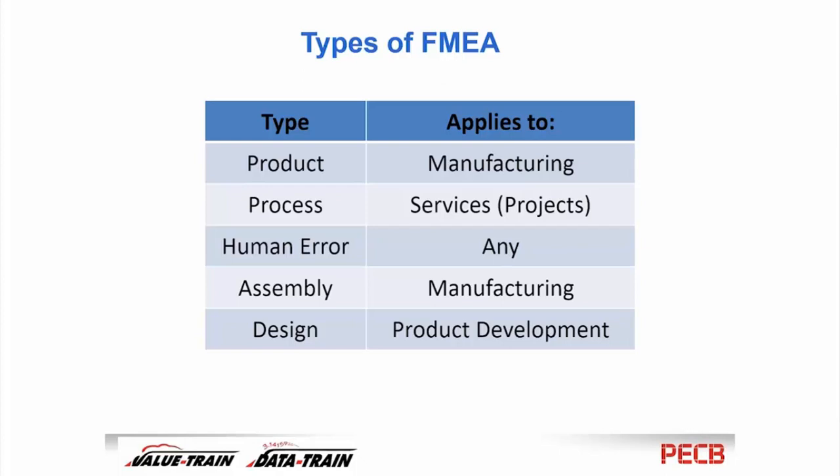It can be used to examine the effects of human behavior in either product use or in a process. It can be used in assembly, in manufacturing, as opposed to the product itself, the way we put the product together. And it can be used in the design stage of a product. So we can use it almost any place.